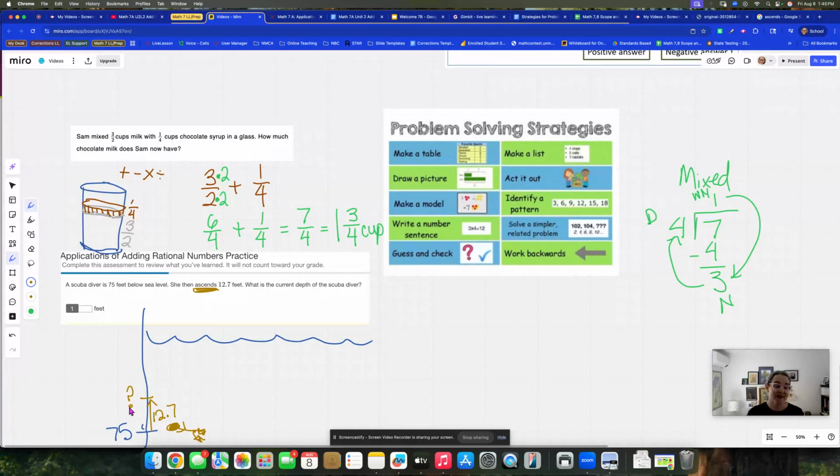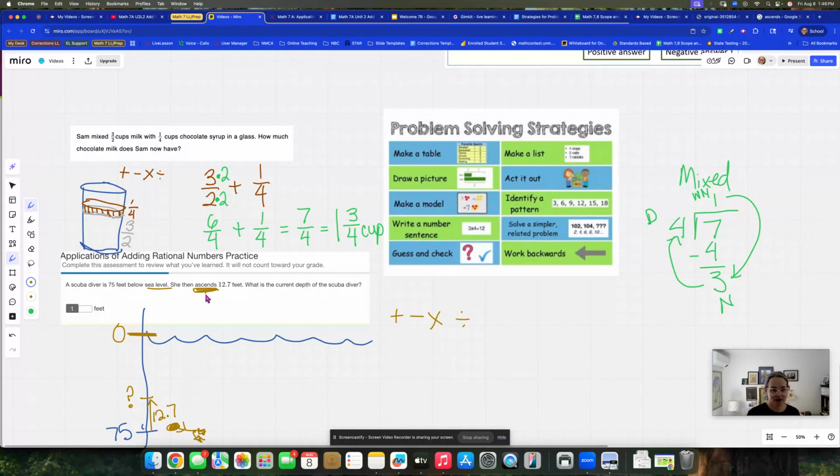Now one more detail. I'm going to remember that the surface of the water is going to be sea level. That's 0 feet. So now the question is, am I going to add, subtract, multiply, or divide? What I'm thinking here is that when we ascend, we're getting less deep.